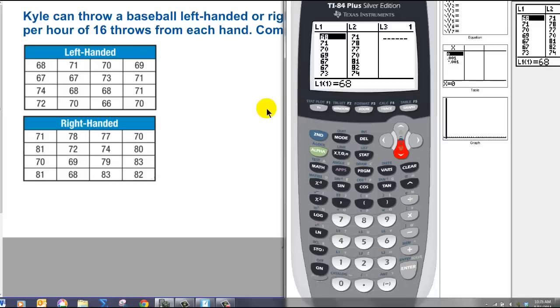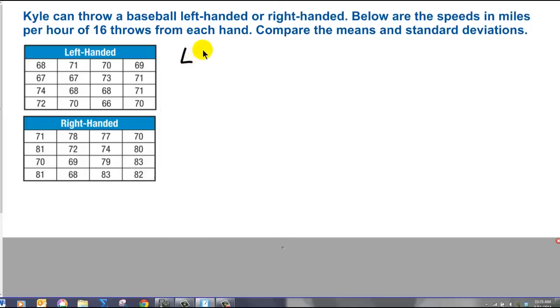So let's set up a column for that. Here's the left-handers, and then we'll set up a column for the right-handers. Hit our average, and then our standard deviation in both cases.